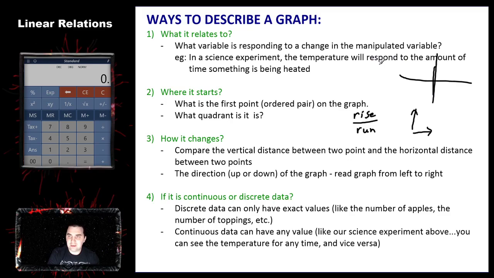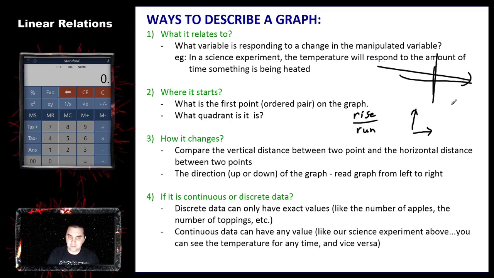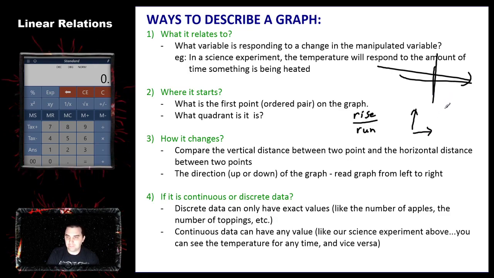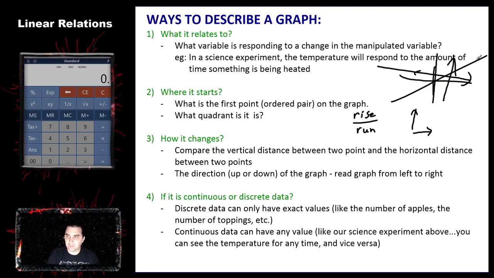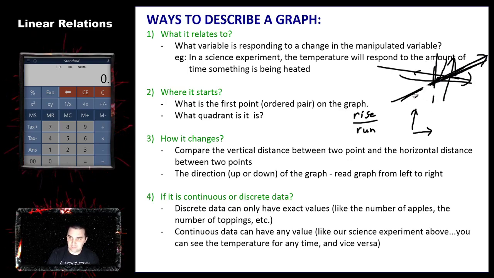You're always reading it left to right, and we're looking at it going up. So a positive slope would look like this, what I just drew here. That's positive slope. And we're looking at it going upwards and to the right. That is one crazy mess I just drew there.